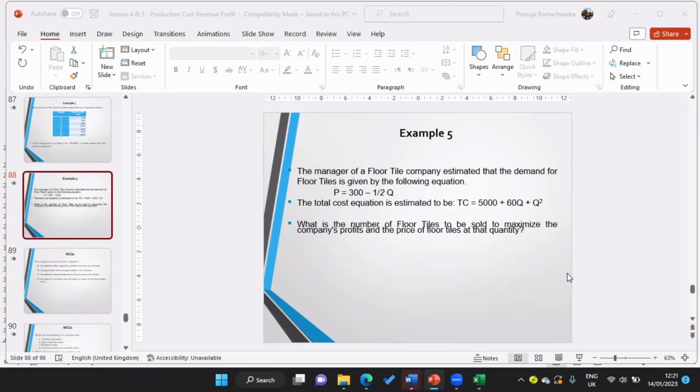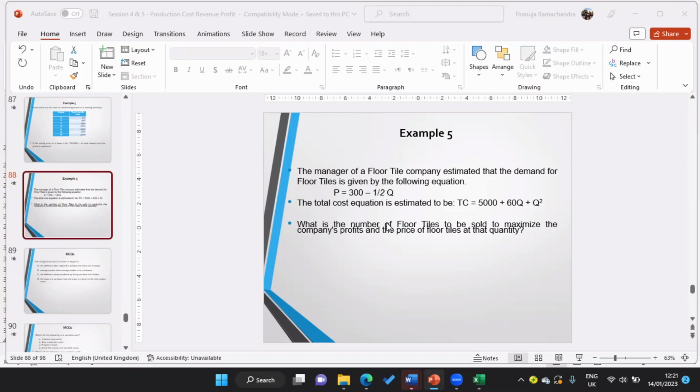So how do we find MR? P is given, P into Q. Delta TR divided by delta Q. TC is given.